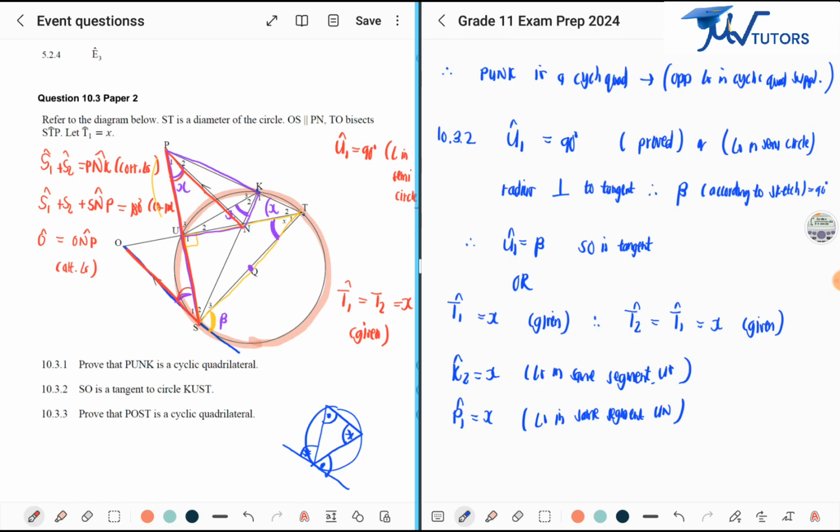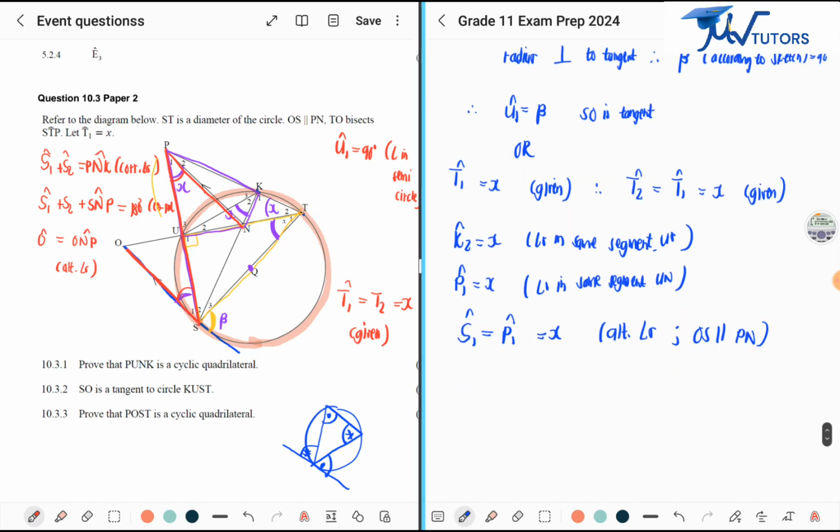Ooh, we had to go all that way to prove that S1 is equal to P1, which is equal to X. And that's because of alternating angles. And whenever you write the reason alternating angles, you must say which lines are actually parallel. Okay, so because we've been told OS is parallel to PN. Sure, so now we can see that S1 is equal to X.